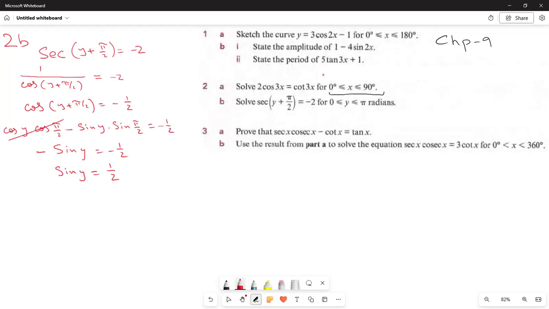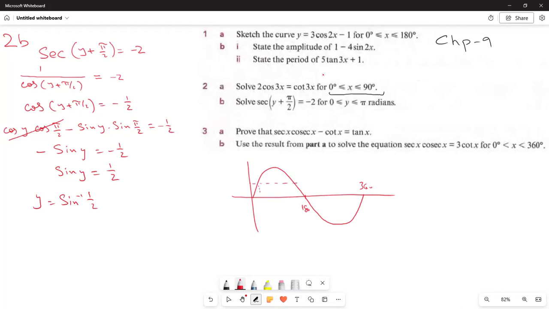Okay, now y is equal to sine inverse half. So the question is for what values of y the sine is half. You remember the sine curve goes like this. This is 360. This is 180. So half.